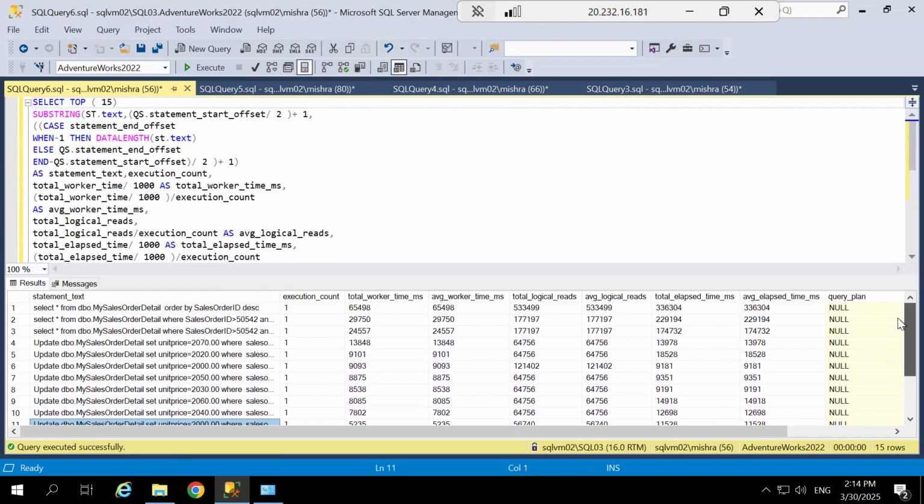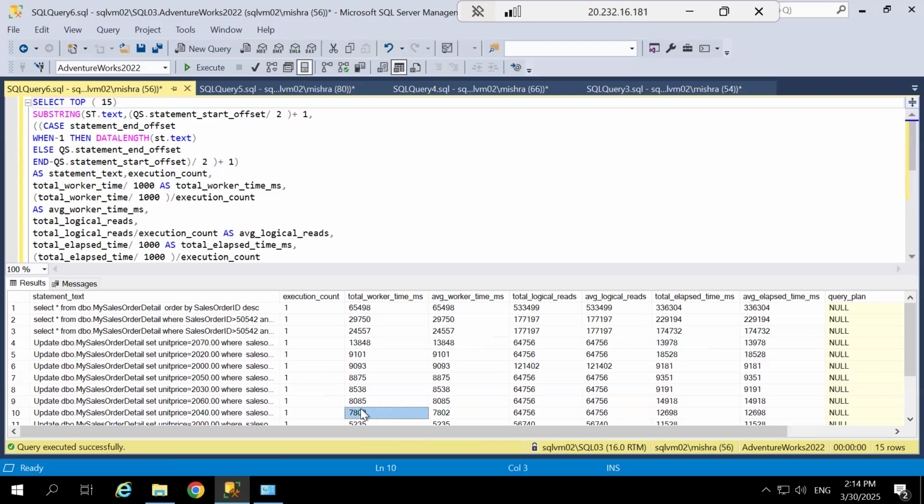Should be 2 times. 2020, execution count is showing only one. 991 total working time average. You will see it will be very close, right? Worker time and elapsed time are very close. That is what I am seeing for 2040. I remember the elapsed time was close to this one.